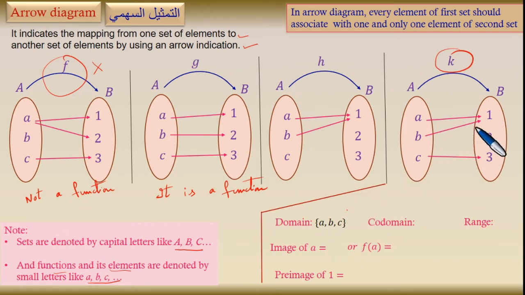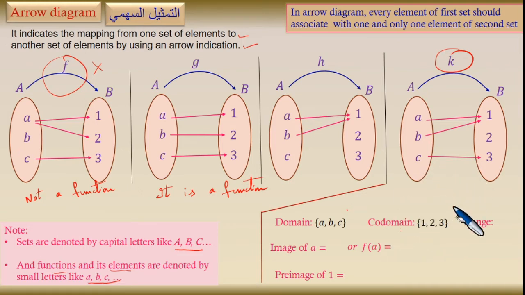And codomain are all the elements of the second set, set B. So here the codomain values are 1, 2 and 3. This is the set of codomain, that is 1, 2, 3. Now range.